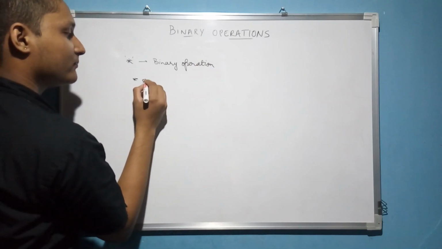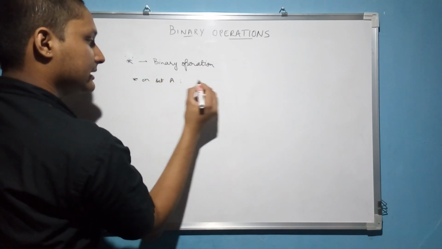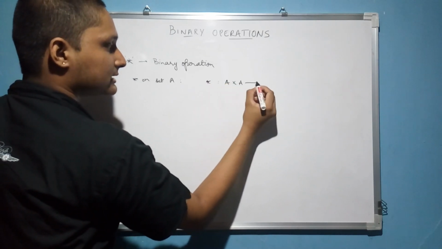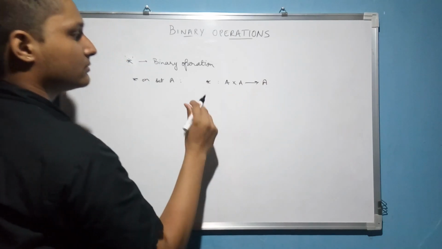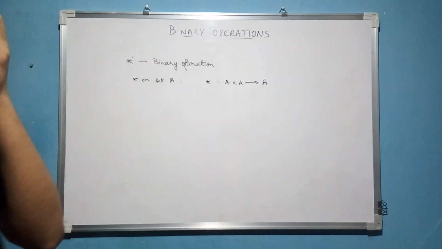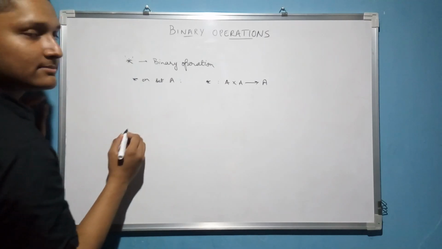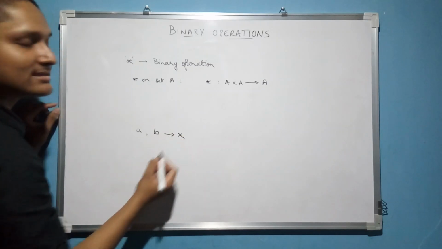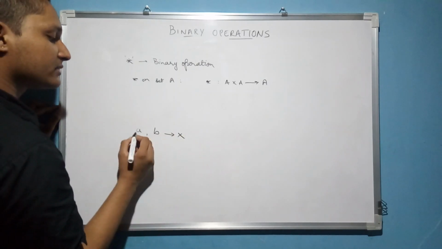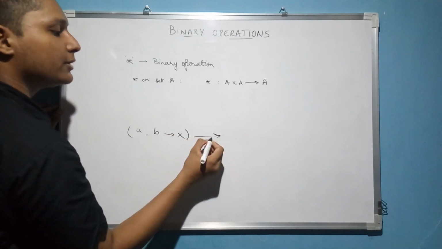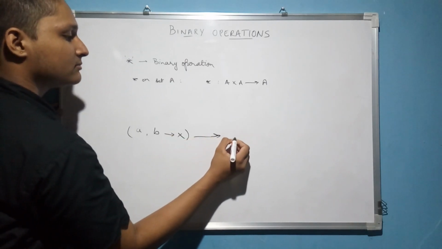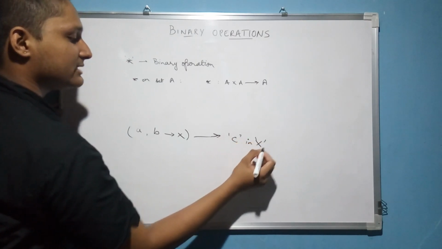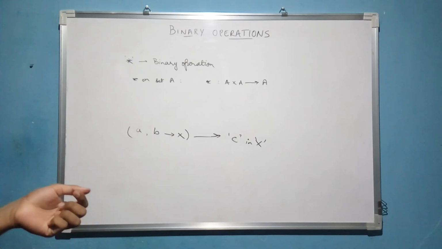Star on set A, such that you need to write like this: it is from the set A cross A to A. So by simple meaning, you can understand that it is maybe some two numbers belonging to this set X. This is the input, and you are going to get an output, say some other number C in X that is present in the same set X. This is called a binary operation.